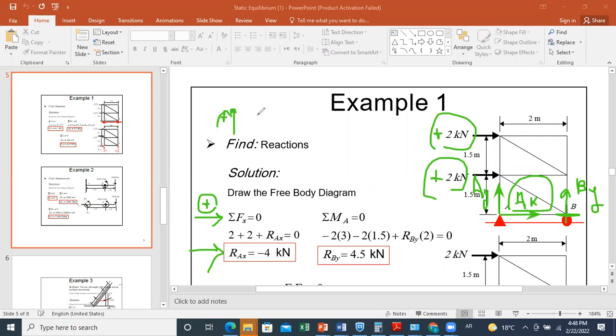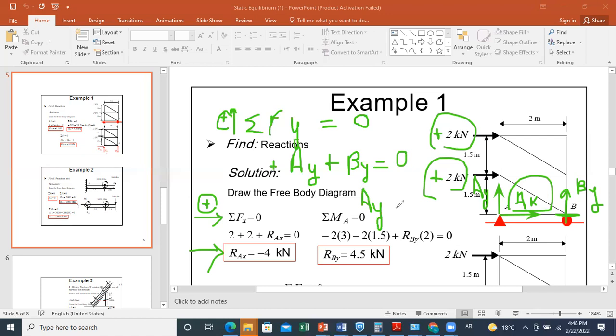So by writing sum of forces along Y equals to 0, we have here plus AY plus BY equals to 0. We don't have any other force. And then we deduce that AY is equal to minus BY.